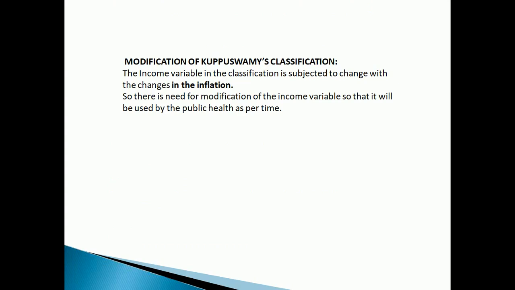You should answer: because the income variable in the classification is not constant always, and it changes as per the inflation value. It is updated accordingly as per the time. So it is called modified Kuppuswamy.